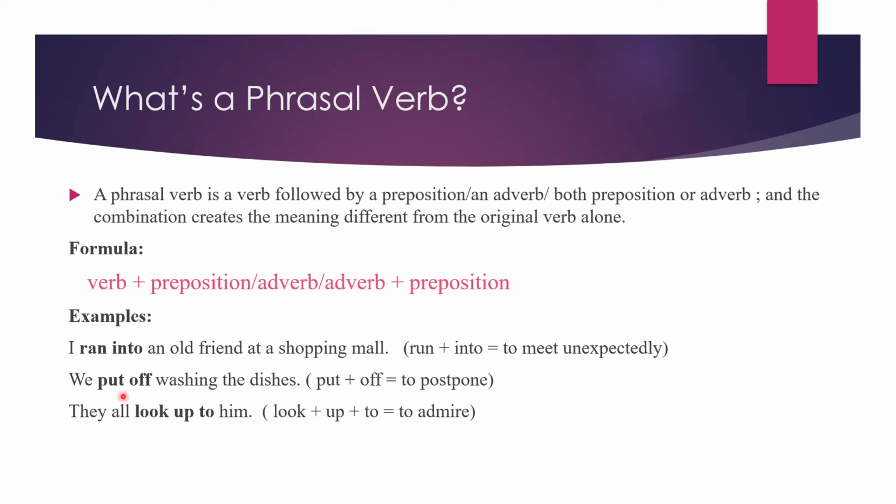Over here the verb put is combined with the adverb off, and it gives the meaning to postpone. Next one is, they all look up to him. Over here look is the verb which is combined with the adverb up and with the preposition to, which gives the meaning to admire.